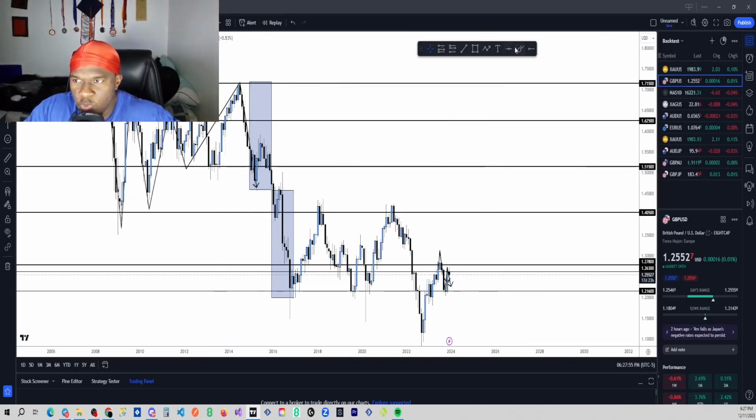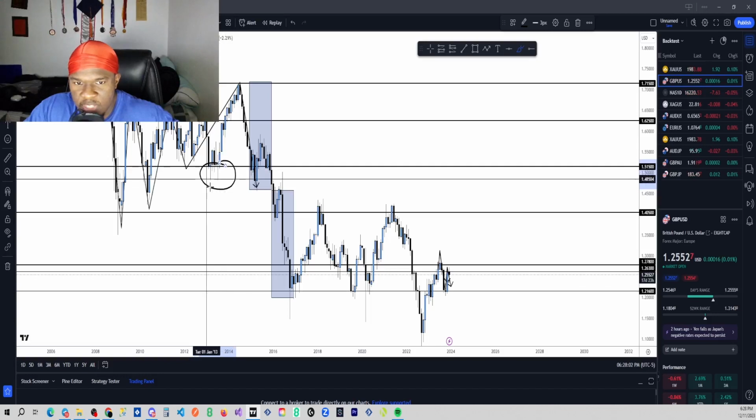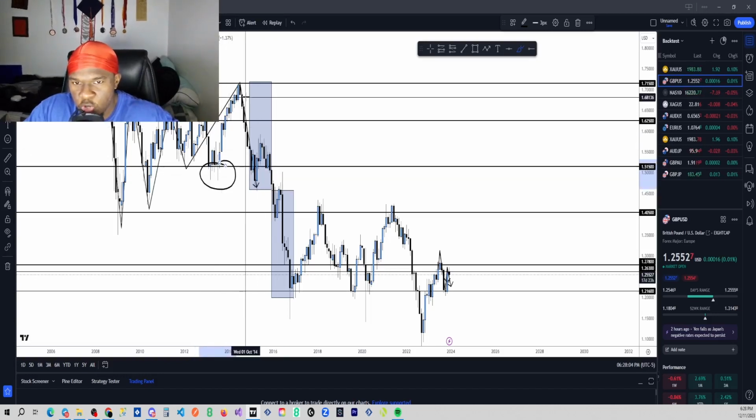Now, what you can notice is that price broke this low, right? So this push to the downside was about 300 pips. Price broke the low, so you can expect another potential 300 pip move from there.